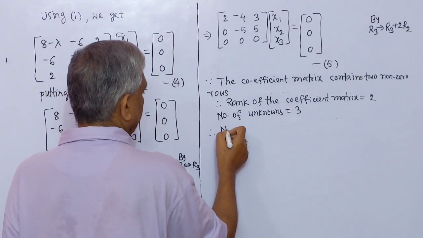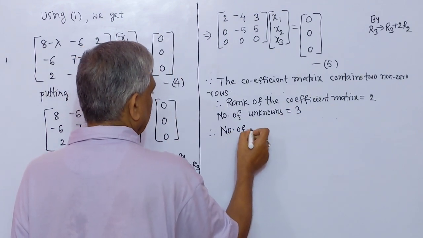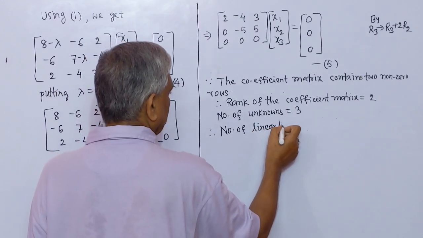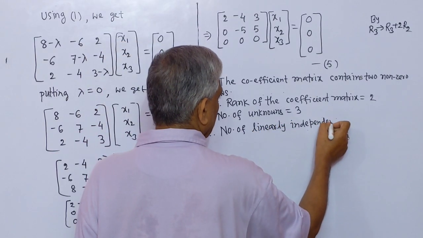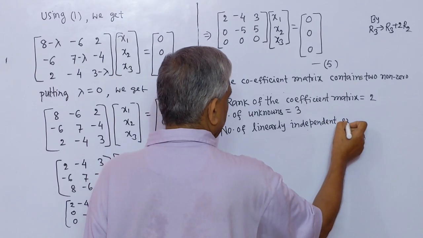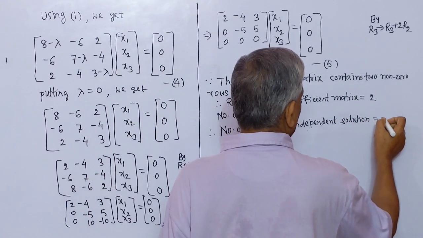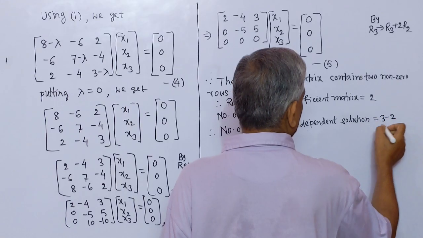Therefore number of linearly independent solutions equal to 3 minus 2 equal to 1.